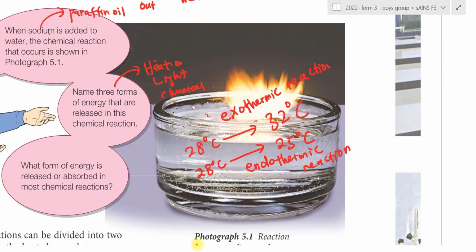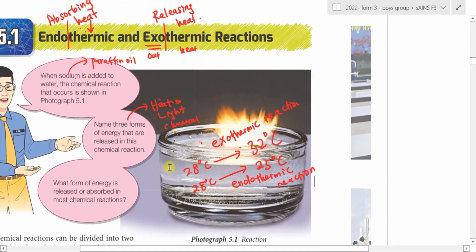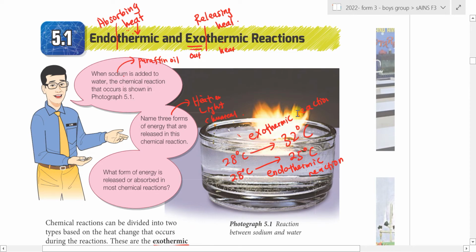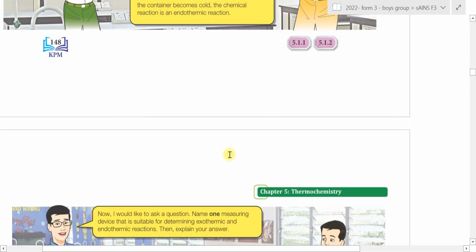In short, when the temperature of water increases, it is an exothermic reaction. When the temperature of water decreases, it is an endothermic reaction. So roughly you have got the idea of the difference between exothermic and endothermic reactions.